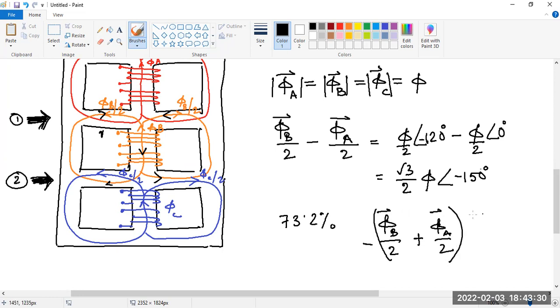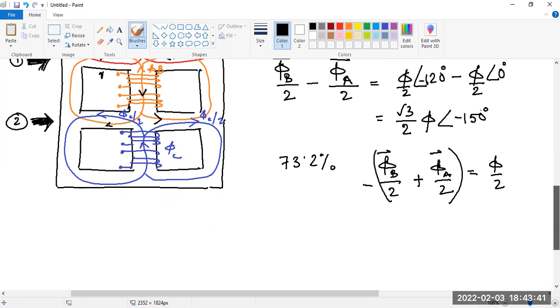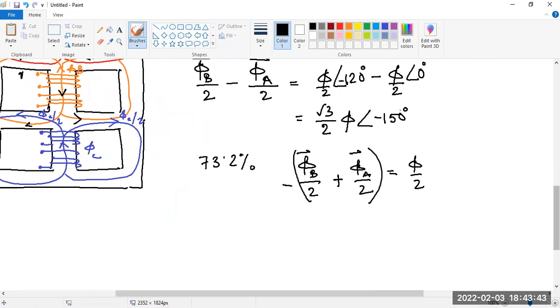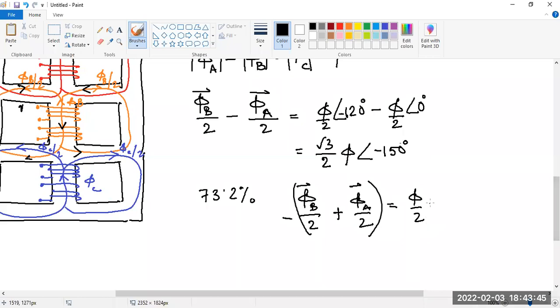Now if we add these two, what will be your result? Same value, 5/2. So it will be 5/2 only.